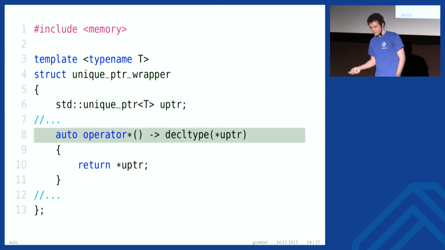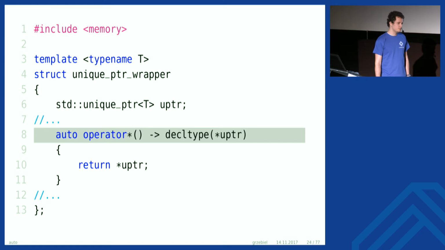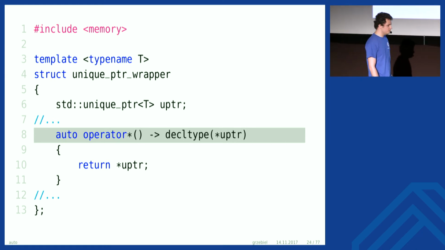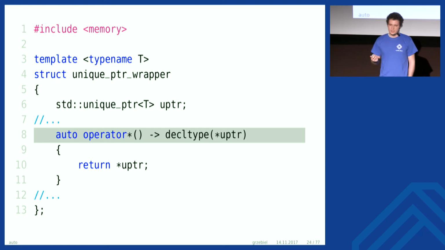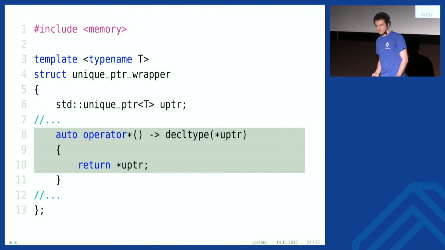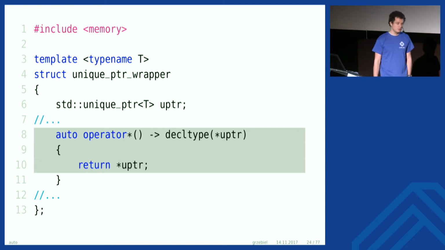And okay, everything is fine, except there is one minor issue that most C++ and computer science engineers find quite disturbing. There is code duplication. We need to repeat the expression from the return statement in the decltype. And we want to get rid of this code duplication.